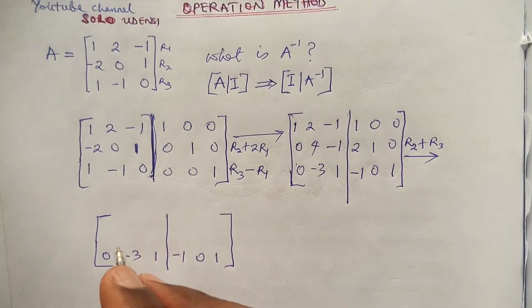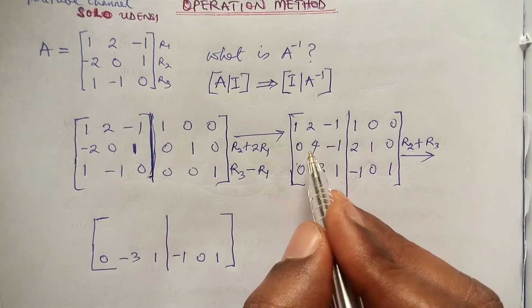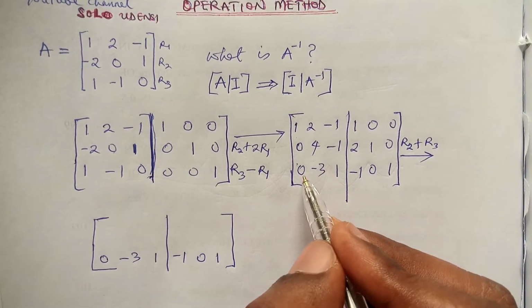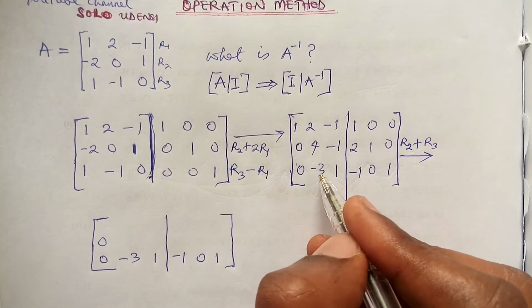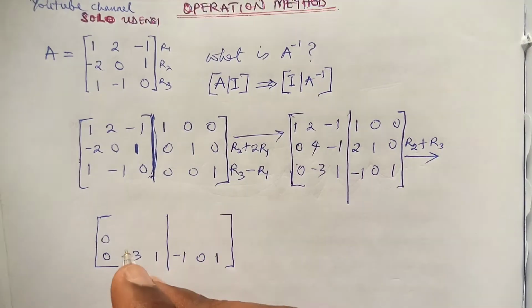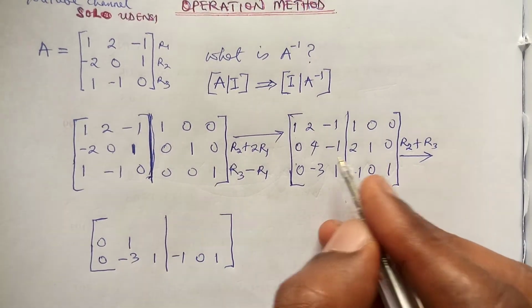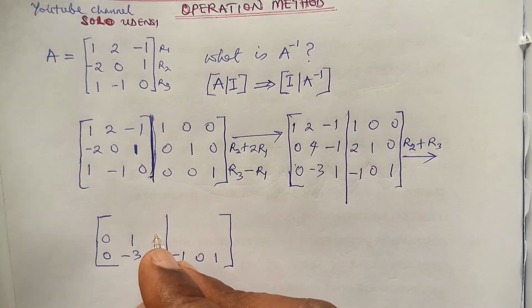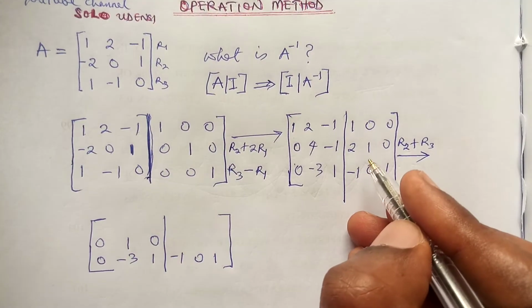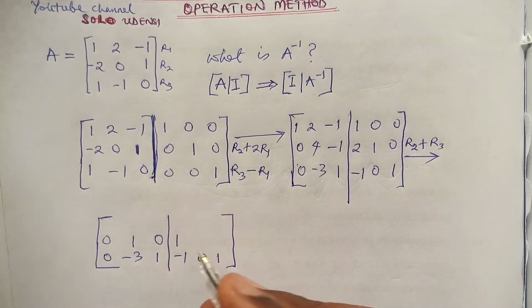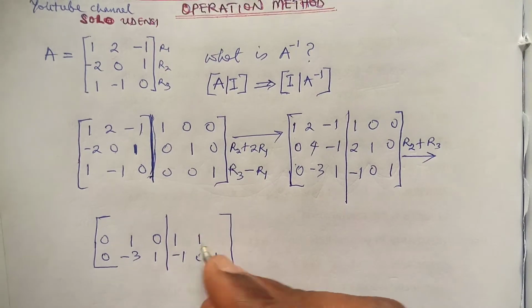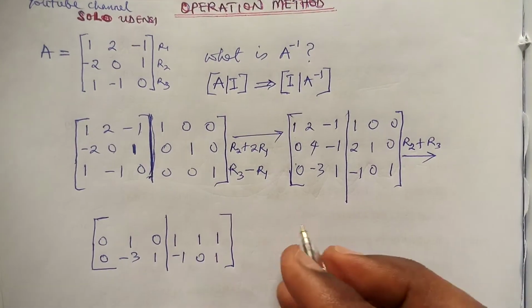On the second row, we do row 2 plus row 3: we have 0, 1, 0, then 1, 1, 1.